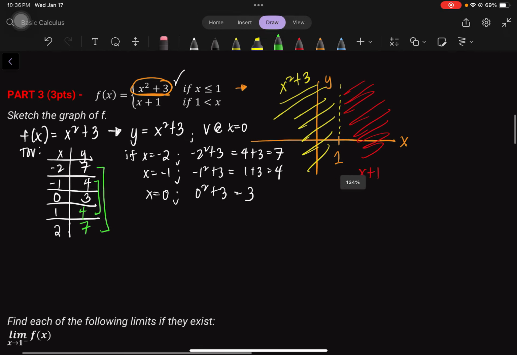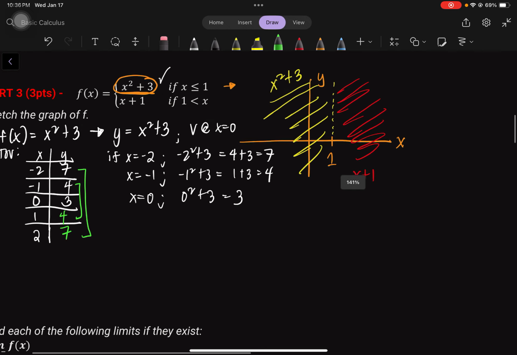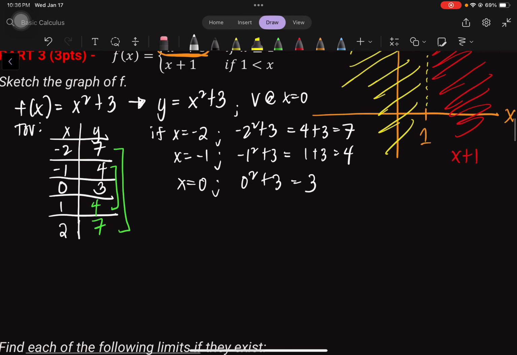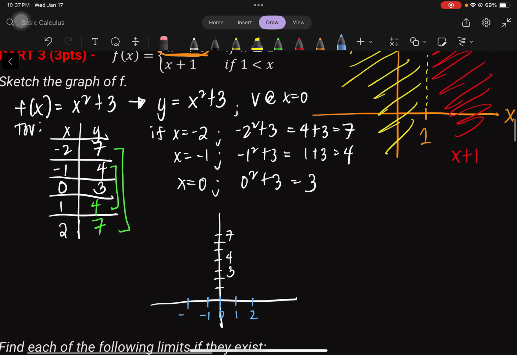Now, let's graph this. So, pwede natin siguro i-graph siya dito sa baba na lang. So, for this part, ang graph niya, ito yung 1, 2, 3, 4, 5, 6, 7. Ito yung 7. Tapos, dito yung 0, 1, 2. Negative 1, negative 2.